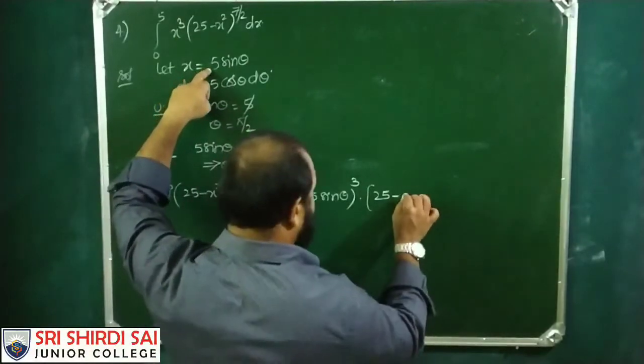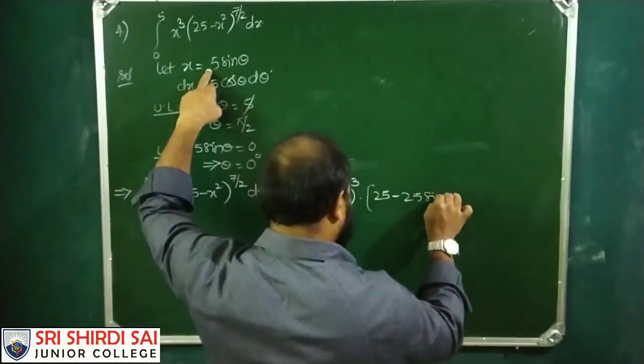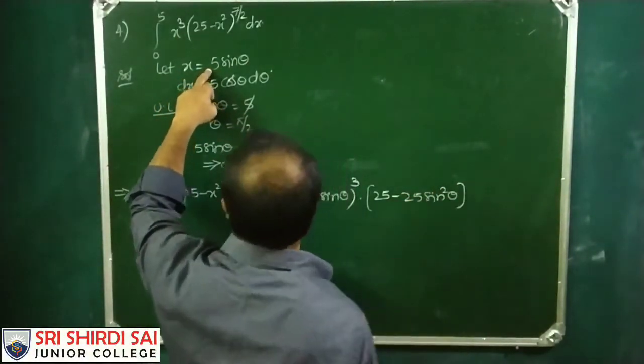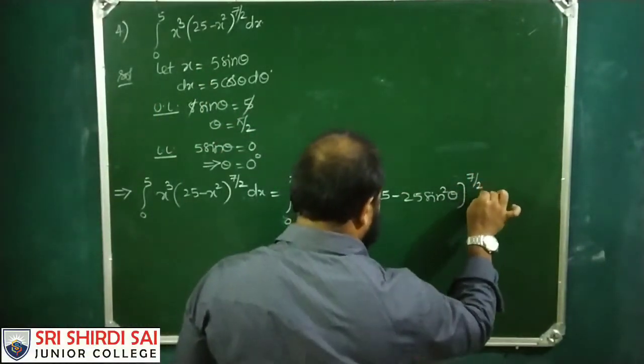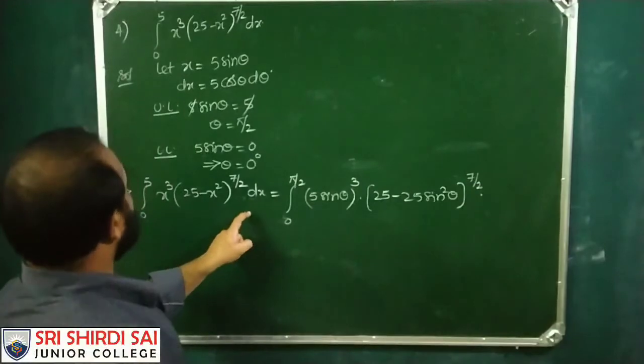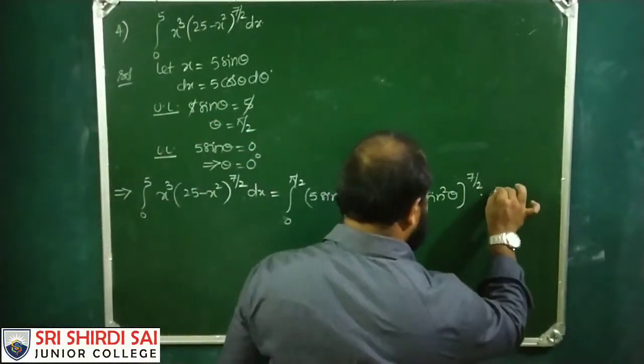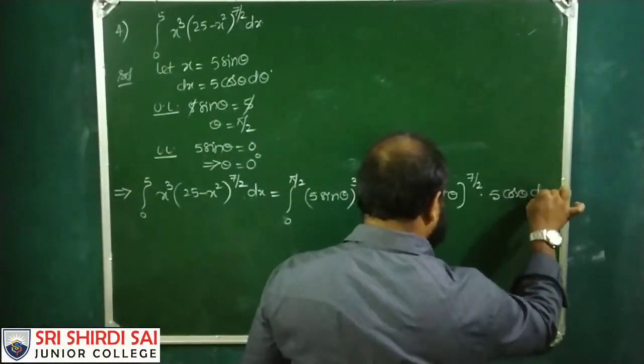So 5 square, 25 sin square theta whole power 7 by 2, into dx, value is 5 cos theta d theta.